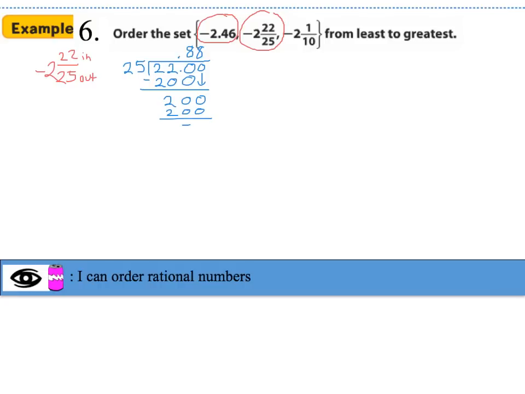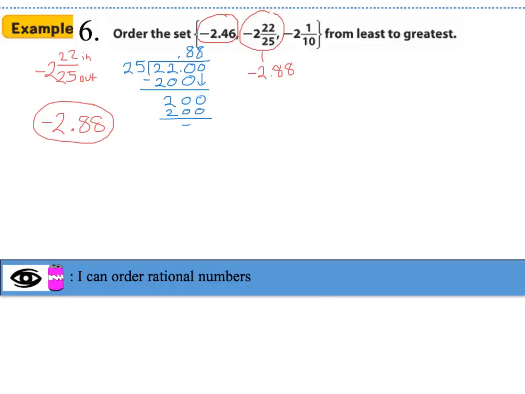After using in and out, I got the decimal form of 0.88. So I'm going to write it with my whole number as negative 2.88. That is the decimal form of negative 2 and 22 over 25. So I'm going to write negative 2.88 right below that.